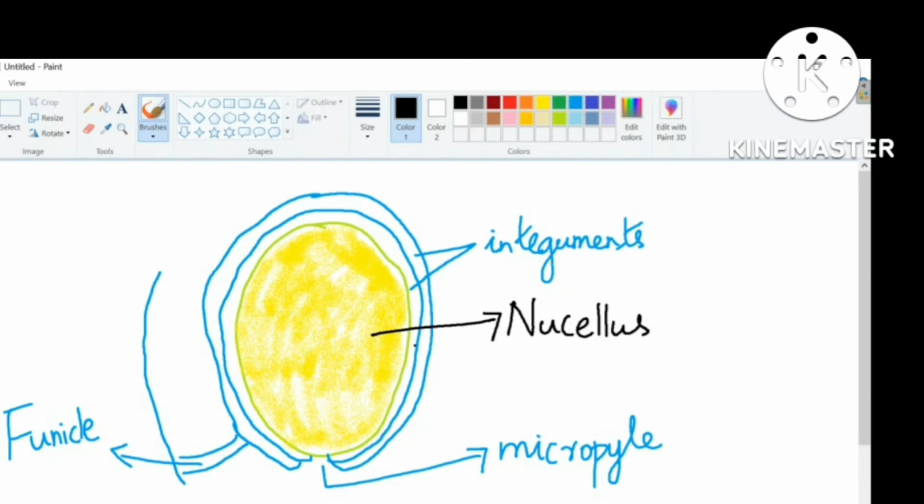Then later on, near the micropylar area, there will be the megaspore mother cell, which undergoes cell division and becomes megaspores, of which one will become functional, leading to the formation of the embryo sac.